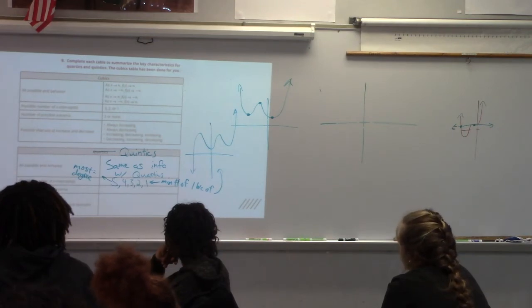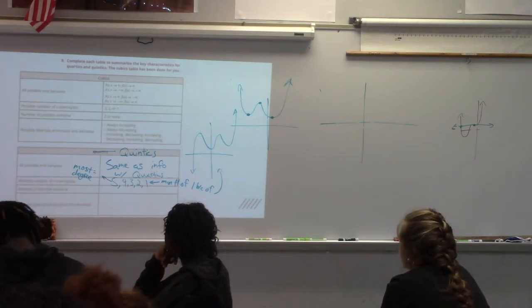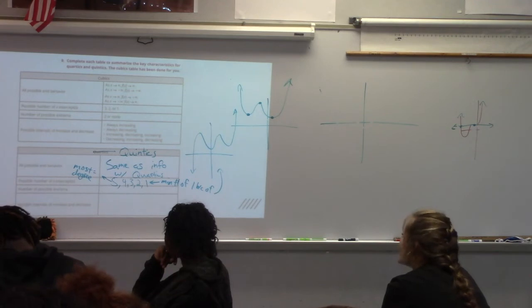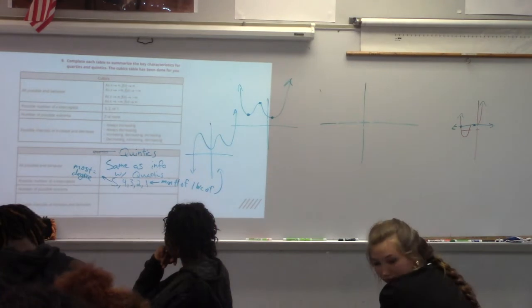We just always know that the most number of x-intercepts is the degree, and for an odd, the minimum number is 1. But for an even degree, the minimum number is 0, right? We can have 0 x-intercepts. Those are things that we want to notice and be aware of: the maximum number of x-intercepts is always what the degree is. But for an odd degree polynomial, the minimum number is 1, and for an even degree, the minimum number is 0.